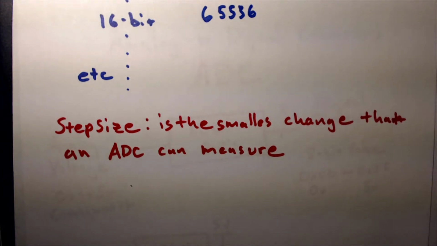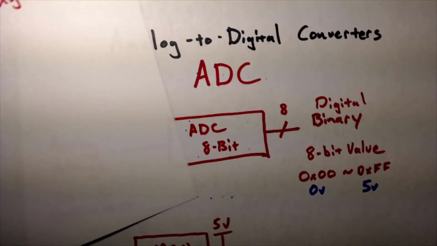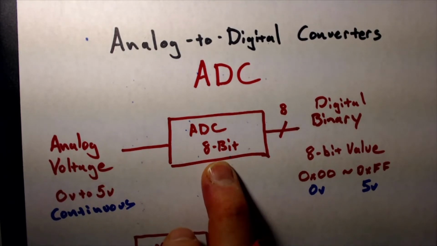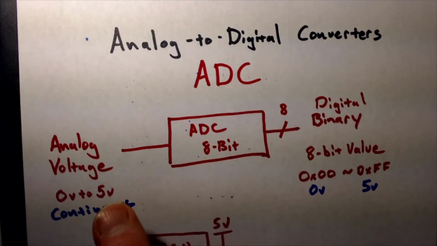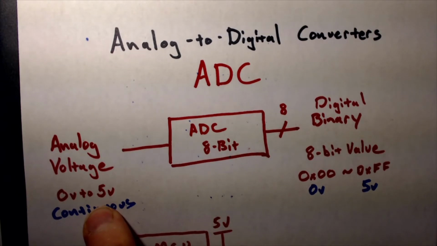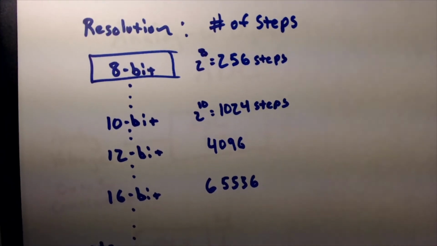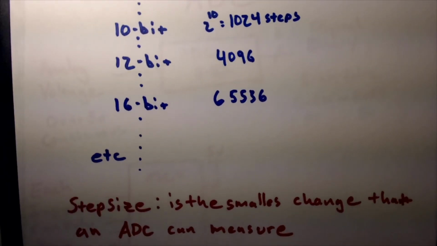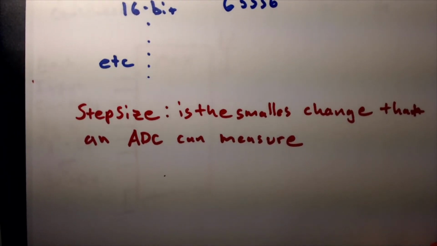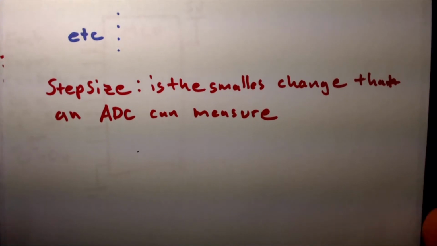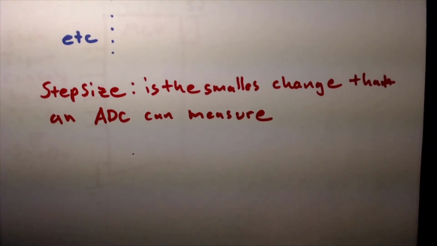So if we're sticking with our example of an 8-bit analog digital converter that takes an input of 0 volts to 5 volts, we can calculate what the step size is going to be.